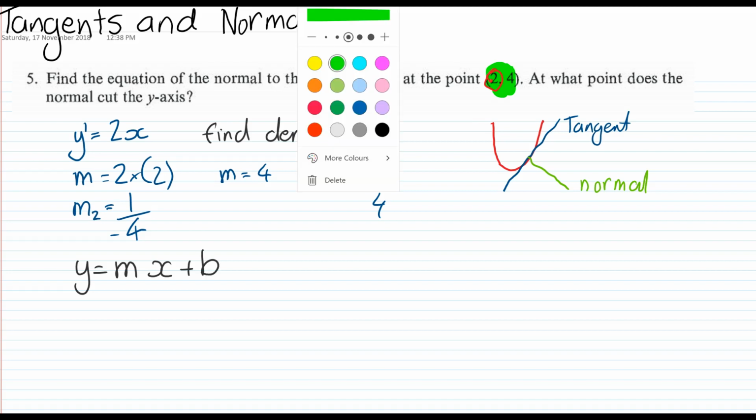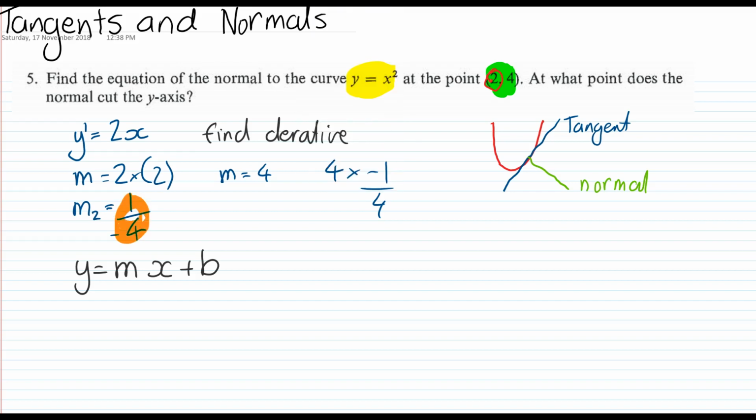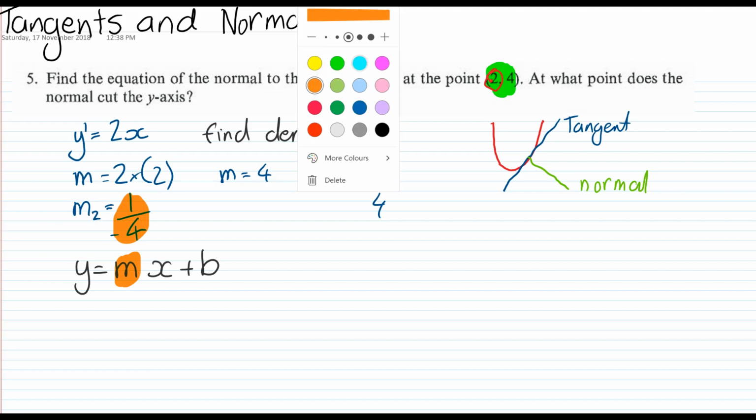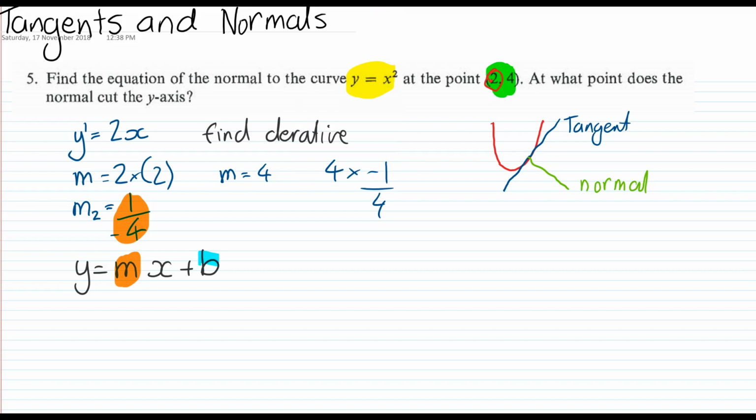Now we know our m, that's the -1/4, so we can put that value in there. But what we don't know is our b. b's got to be a number in our line equation, and we don't know what that number is.